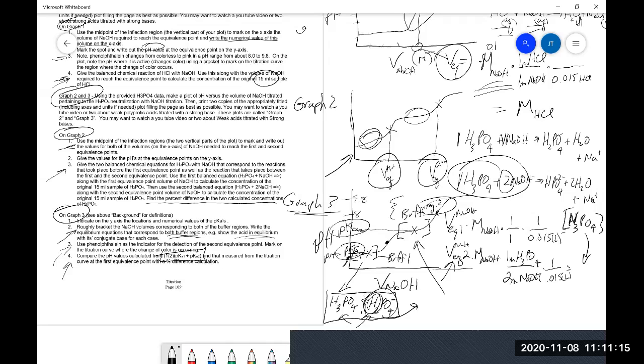So you should say whatever it is on the plot equals whatever. And if I take the average of those two, you can see that's going to put me pretty close to that first equivalence point. So do that, calculate it, and then compare it to that first equivalence point.